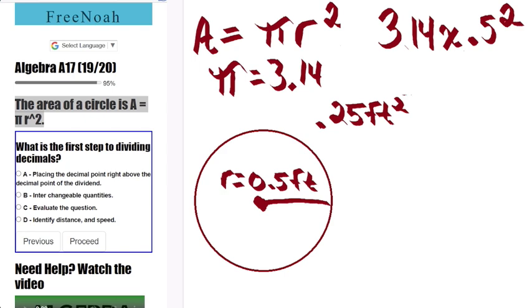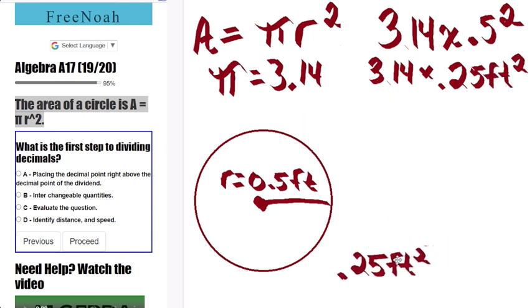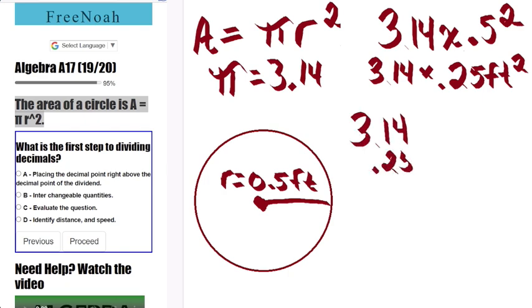Now we simply multiply our squared radius by pi. So now we have 3.14 times 0.25, and we're going to begin our multiplication process. 4 times 5 gives us 20.